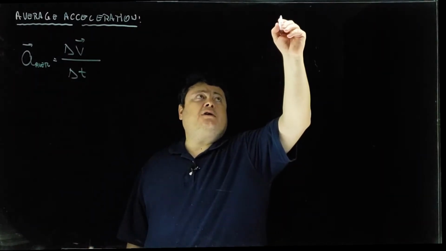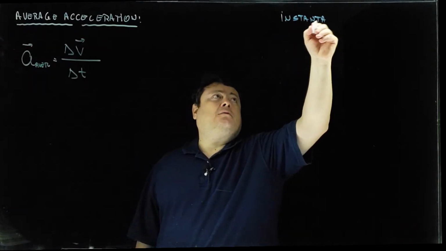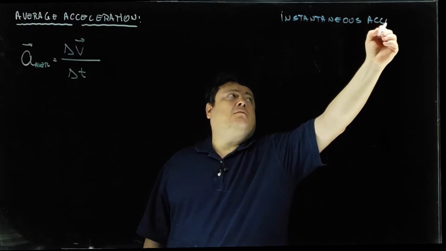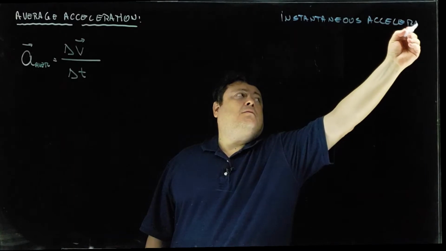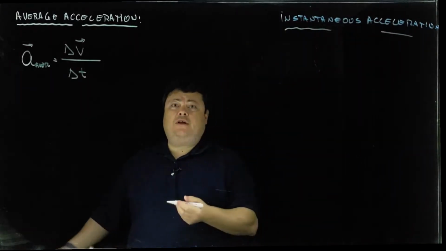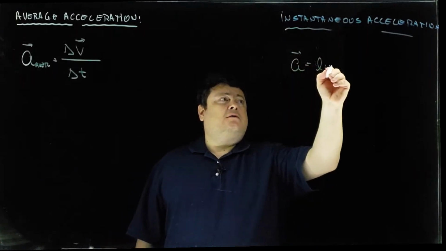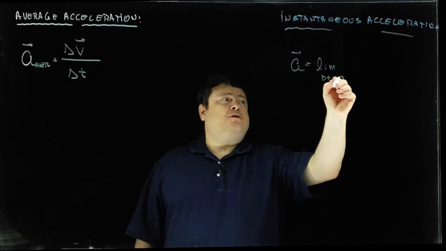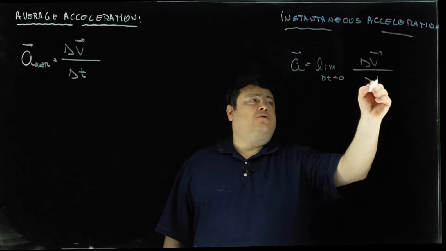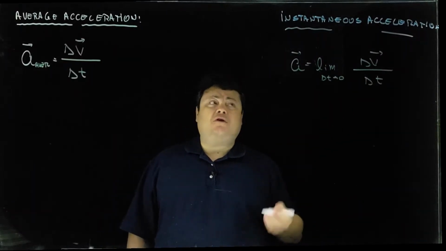The instantaneous acceleration is going to be defined the same way that we did before. So the instantaneous acceleration is the limit when time approaches 0 of delta v over delta t. And this, of course, is the time derivative of velocity.